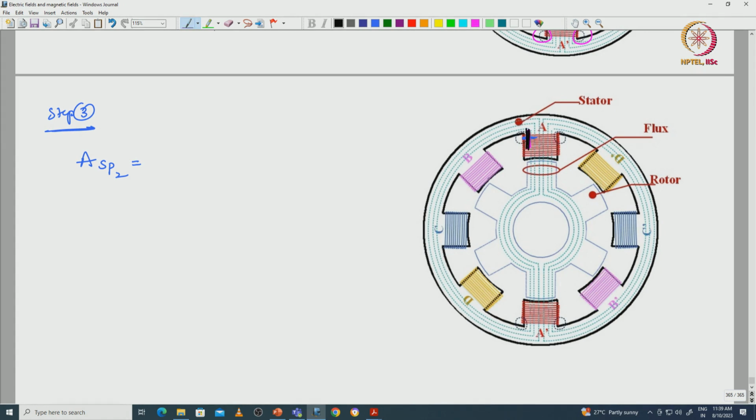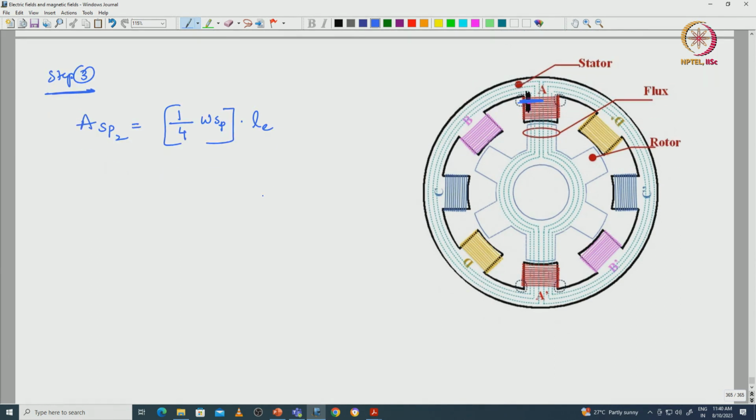The flux lines are flowing here in this direction, parallel to the pole axis. So, we have to find the area perpendicular to the flux lines flow, that is 1/4 of the width of the stator pole I am considering, the x axis length, and the y axis length, into the length of the core.